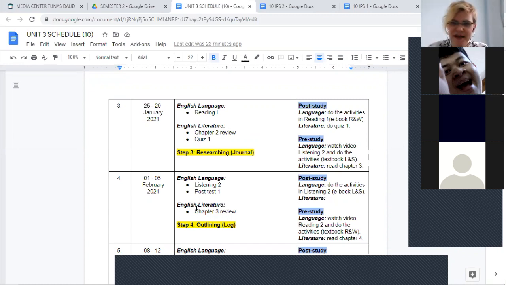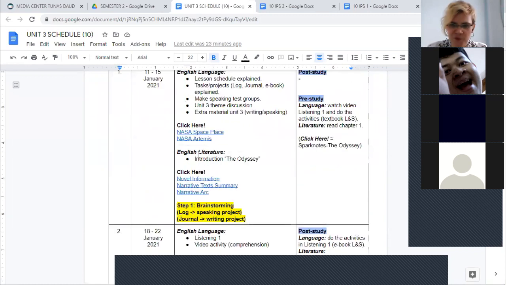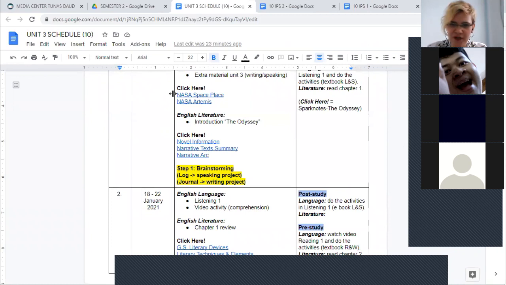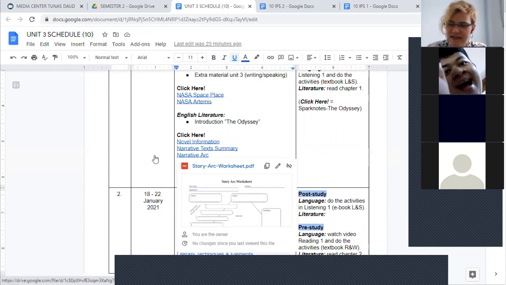Now, if you're still wondering about the links, remember for language, here are the links that you can go to about the topic that we're talking about. Here are links for the novel information, the narrative text summary, and the narrative arc, which gives you an idea of what a narrative arc looks like.